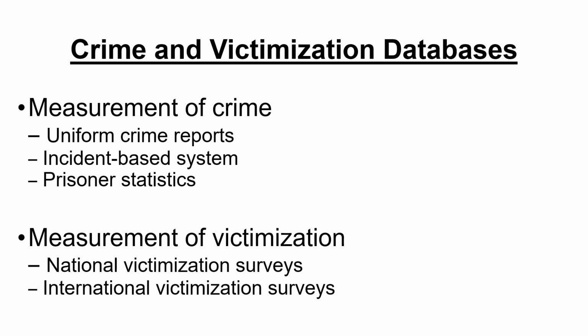To measure victimization, we have the National Victimization Surveys, and we're going to talk about the evolution of those surveys and what we have today that's the gold standard in victimization surveys. And then you also have the international victimization surveys.